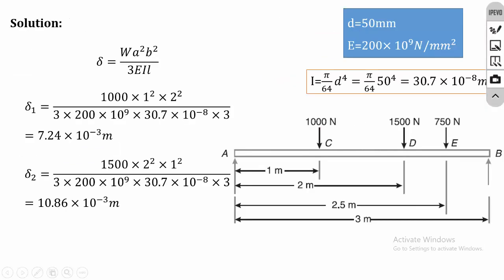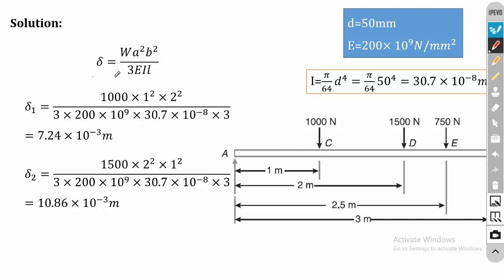Okay, fine. So the equation for calculating the deflection for eccentric loading is W A square B square divided by 3EIL. So I am going to consider this 1000 Newton as W1. So first I am going to calculate del 1. That is W1 A square B square divided by 3EIL.